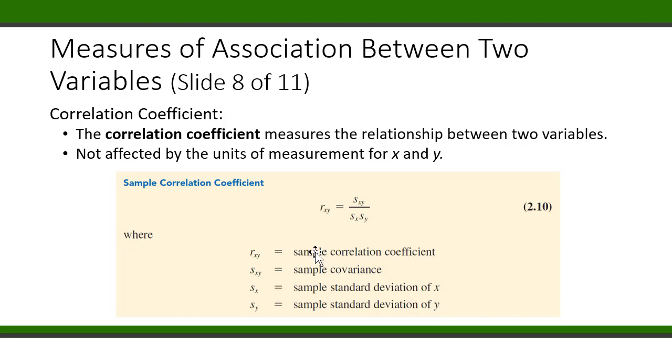Just keep in mind if they're talking about the population, then the values here would change from s to sigma, and you would use those formulas that you're using for sigma for the population to get a correlation here.